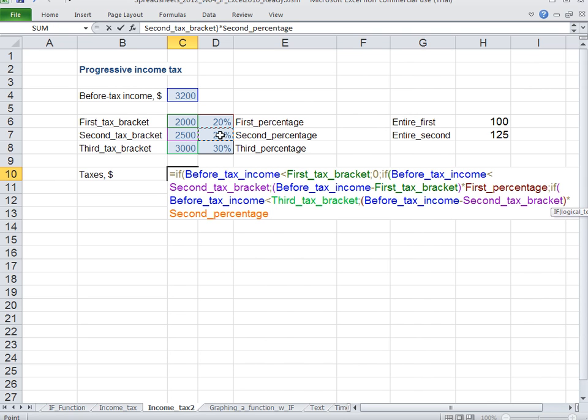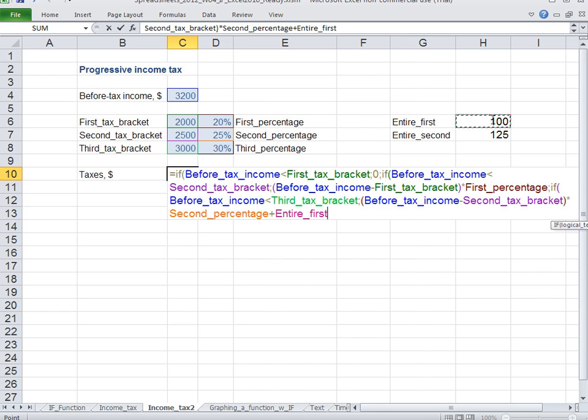And is that all for this part of the formula? No, it isn't. Because remember, when we were over 2,500, we also had to pay the entire tax for the amount between 2,000 and 2,500. So the entire first has to be paid as well. And here it is.